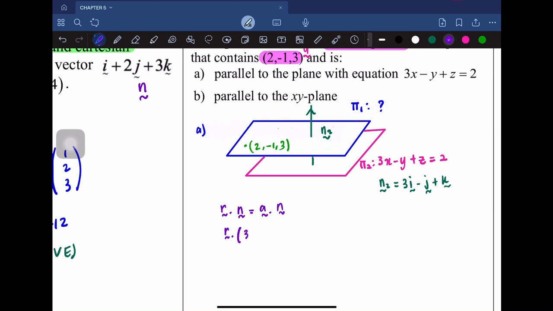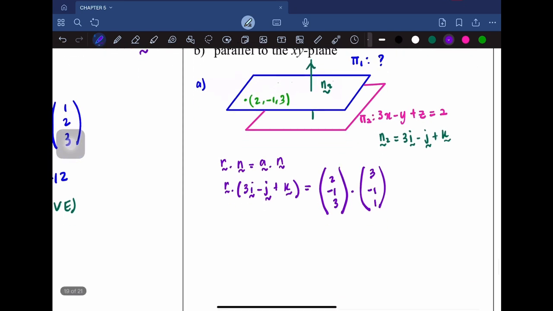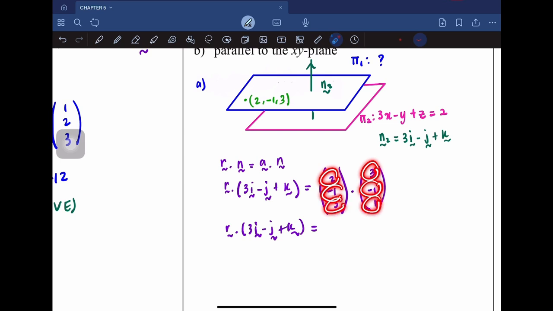So it is 3i minus j plus k, equal to the fixed point. The fixed point is 2, negative 1, 3. We're going to dot product the point with our normal vector, which is 3, negative 1, and 1. Okay, so 6 plus 1 plus 3 is 10. So this is the vector equation of your plane. Okay, we're done with the first part.